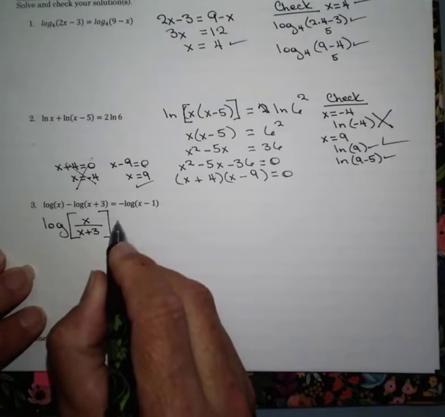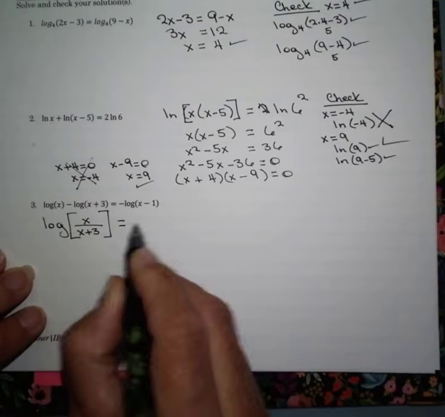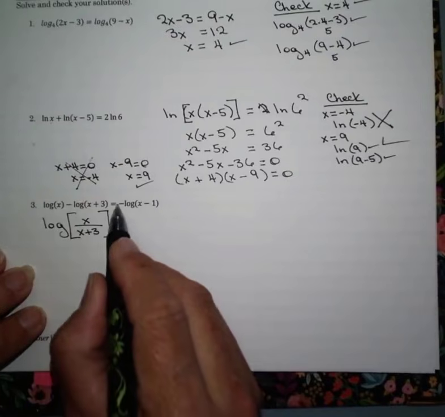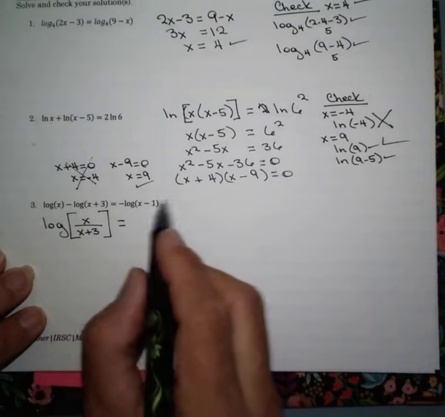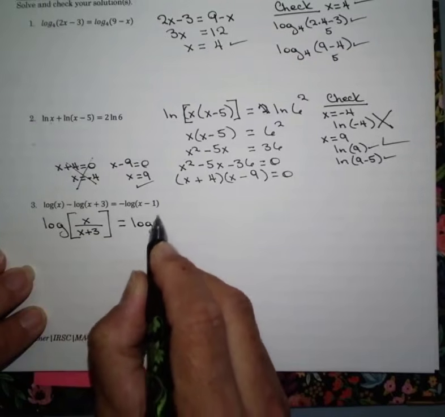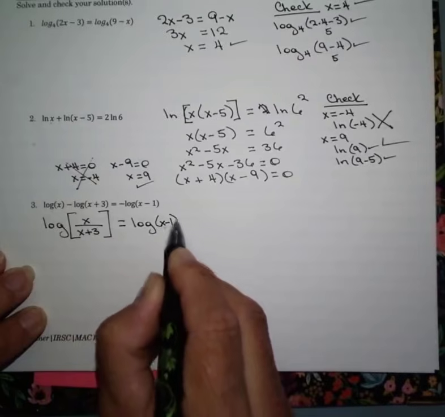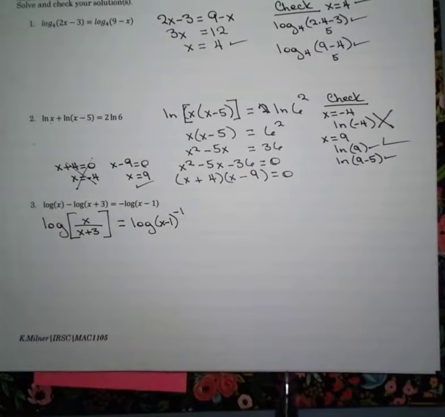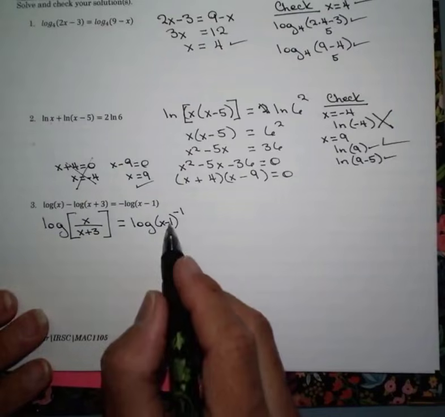Now, what do I do over here? Well, I want to get this negative 1 to go to the other side. This negative 1, I've got to get rid of it. So this is really log of x minus 1 raised to the power of negative 1. I don't really like that, but that's okay, isn't it? Now, what would that look like?